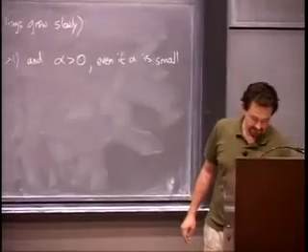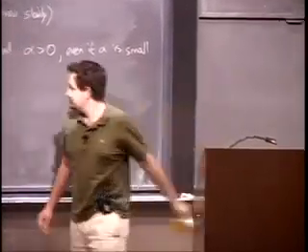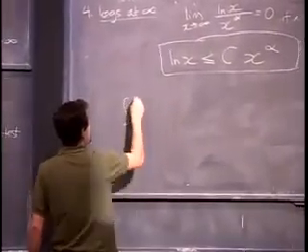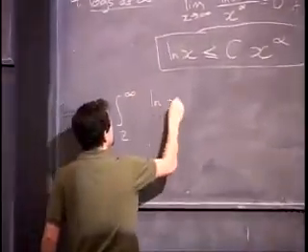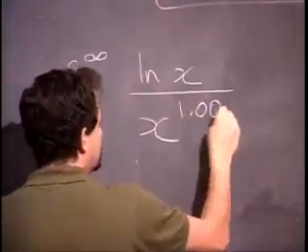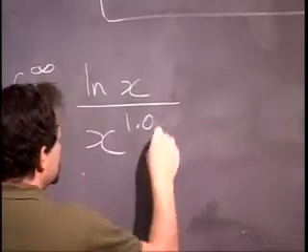So here is an example. Suppose you want to consider the integral of log x over x to the... Actually, I'm going to change the one in the book slightly.